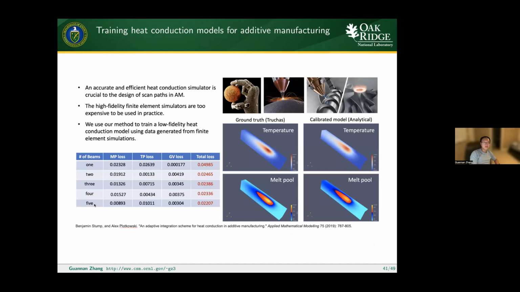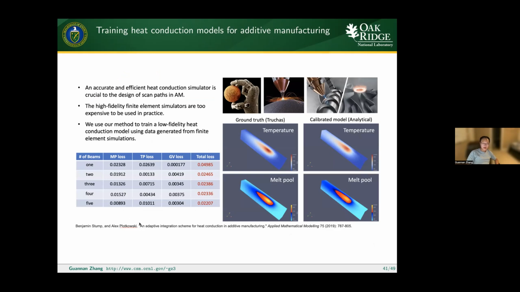And here is another problem that we apply our method to, the additive manufacturing problem. Basically, for additive manufacturing, people want to build computational models to simulate the laser path when you're printing metals, for example. The high fidelity finite element simulation is very expensive.